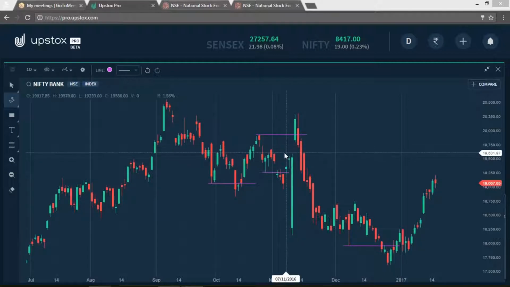Actually see, this is a swing low and this is a swing high. There's a gap in between, but this is not the swing high because price has only kept moving. So we don't call this a swing high because of this gap. It was actually price moving from this low to this high.